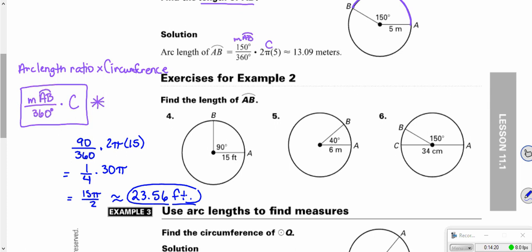So again, measure of your arc, that's the central angle measure, over 360 times the circumference. So number 5, we're looking for this. So that is 40 over 360 times, my circumference is going to be 2 pi times 6.